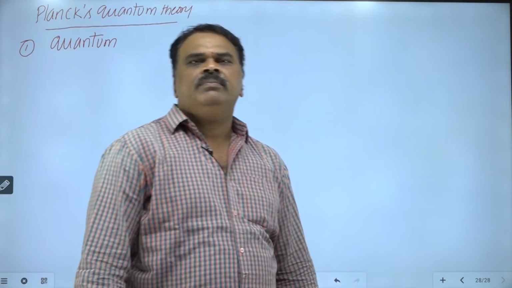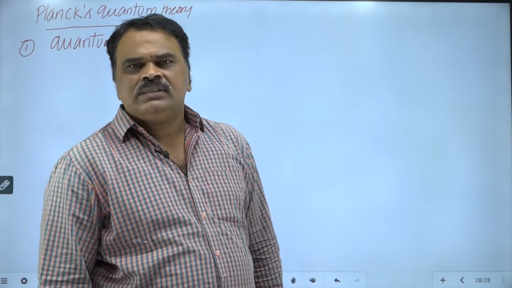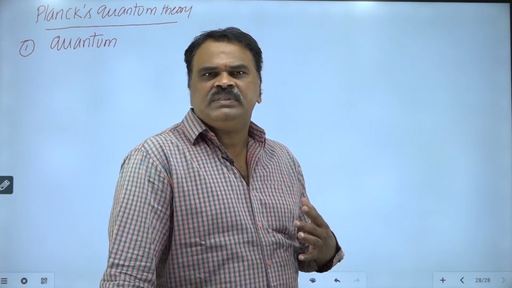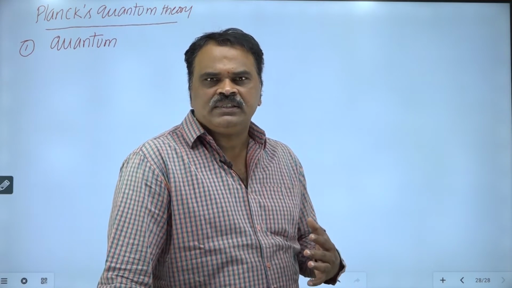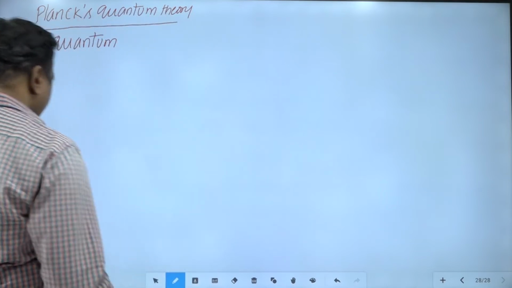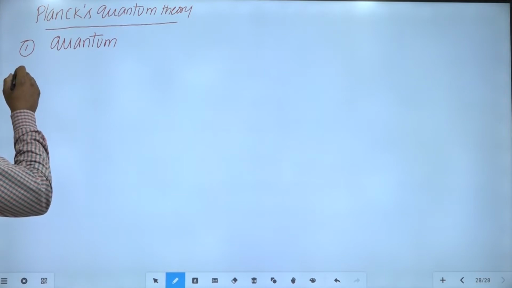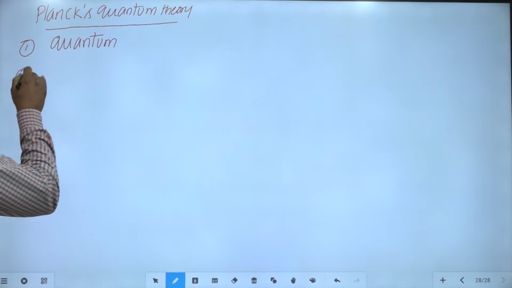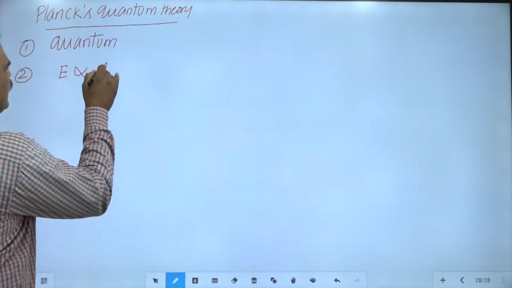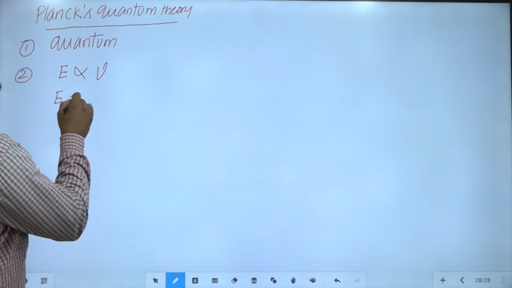According to Planck's quantum theory, the radiation is due to vibrations of charged particles. The energy emitted or absorbed by a body is not a continuous process, but it takes place discontinuously in the form of small packets called quantum. The quantum energy is directly proportional to the frequency of radiation, directly proportional to nu. E is equal to h nu.